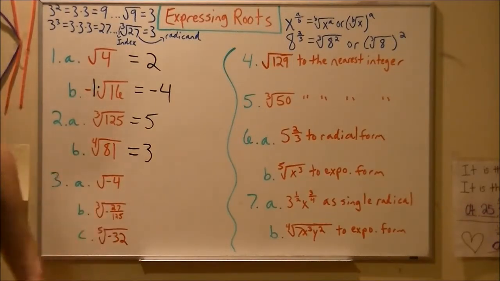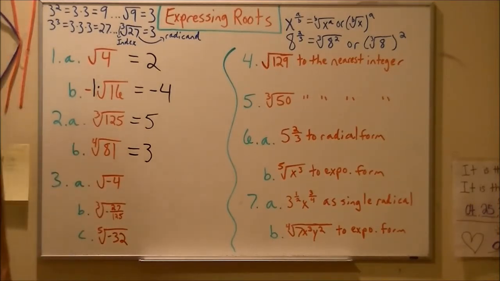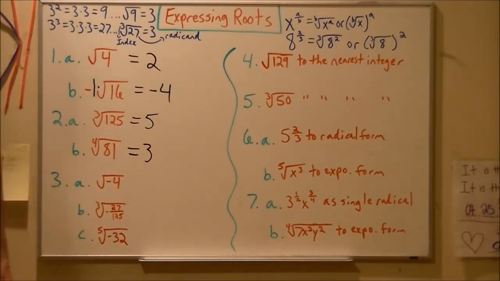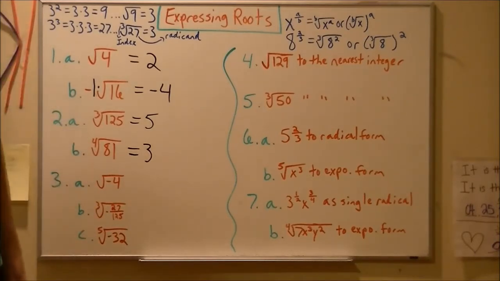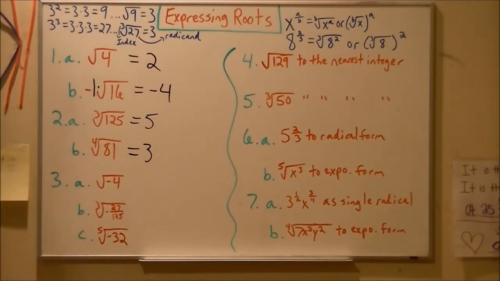Think about it. What number times itself gives you a negative number? The answer to that is no number at all. If you start out with a positive number and you multiply it by itself, another positive number, it has to be a positive number. If you start out with a negative number and you multiply it by itself, what do 2 negative numbers always make?